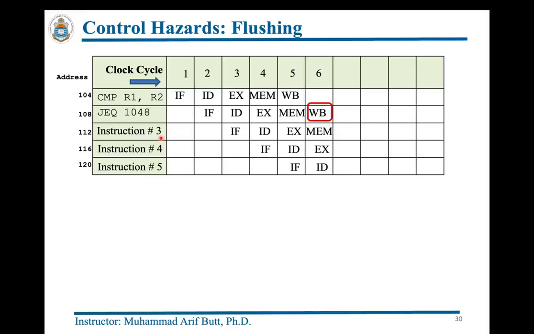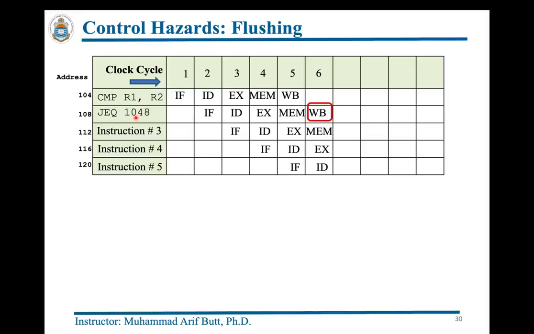By this time, these 3, 4, 5 and maybe another instruction 6 are inside the pipeline. If this jump instruction does not execute, these pipeline instructions keep on pumping in and the code keeps on executing the way it is right now.